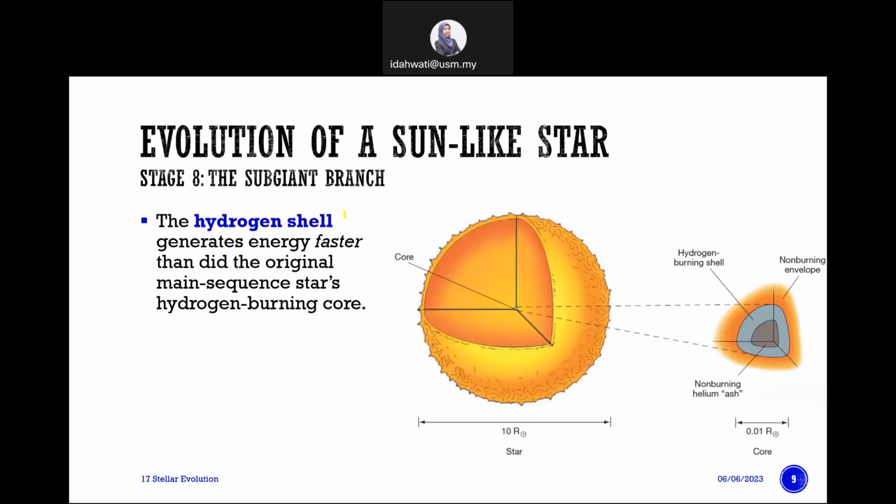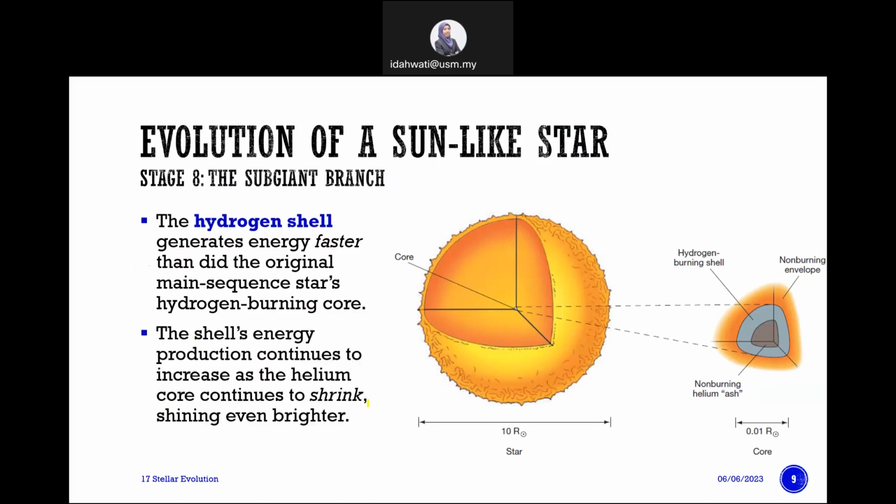Okay, the hydrogen shell will generate energy faster than the original main sequence star's hydrogen burning core. So this shell's energy production continues to increase as the helium core continues to shrink, and the star shines even brighter.